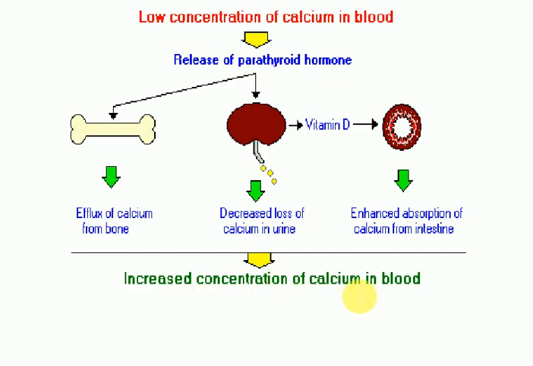All these three mechanisms are processed through the parathyroid hormone, which is secreted from the parathyroid gland when it is stimulated due to the low level of calcium in the blood.